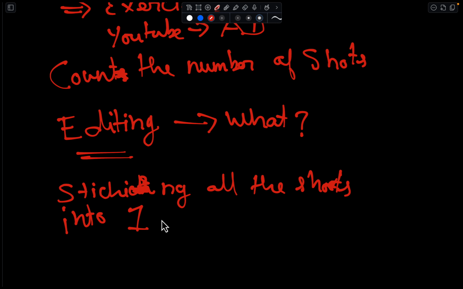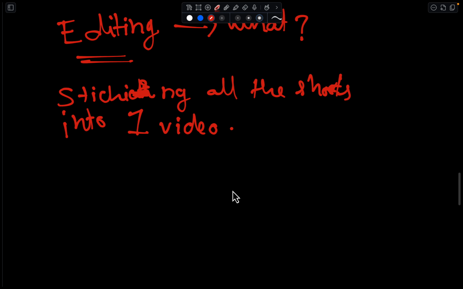In advertisement editing, you just make all the shots into one advertisement. In a film, you take the hundreds or thousands of shots that you have taken, and then you compile them into one film of 1 or 2 hours, or 2 or 3 hours, like that.